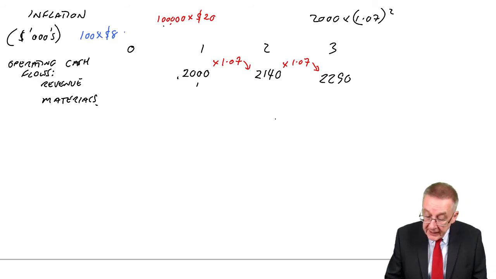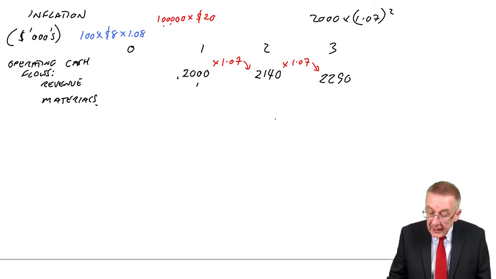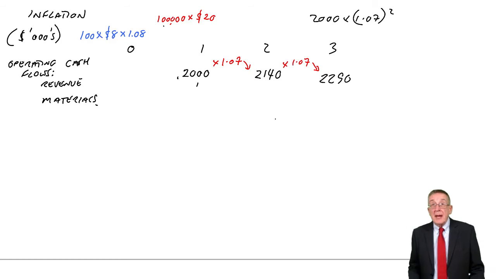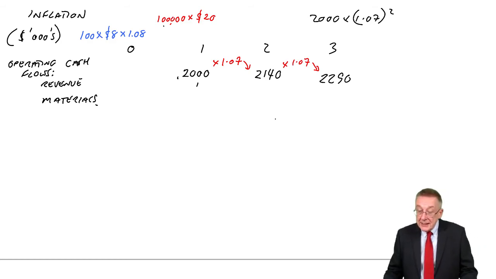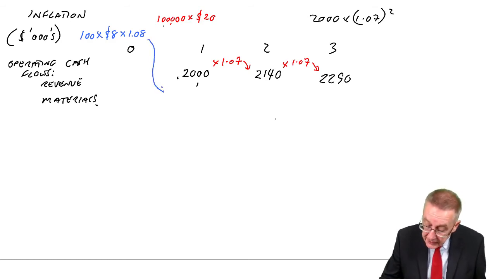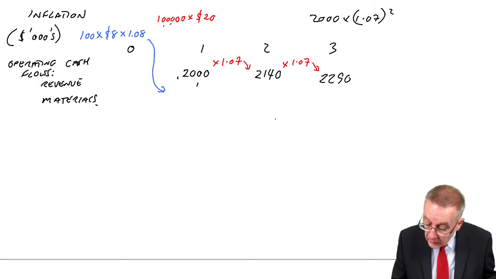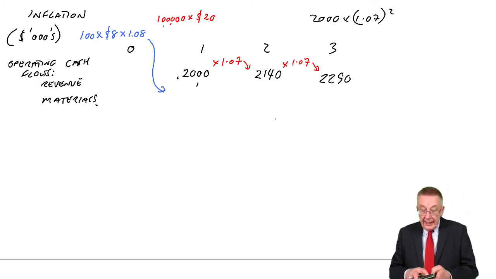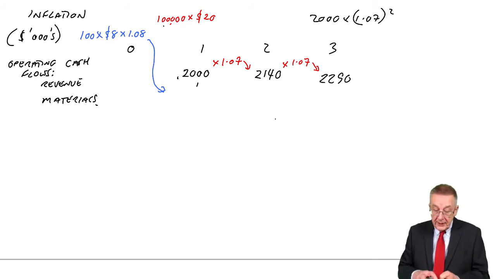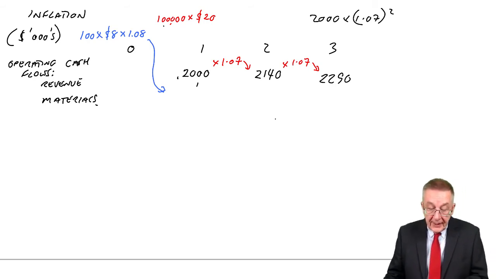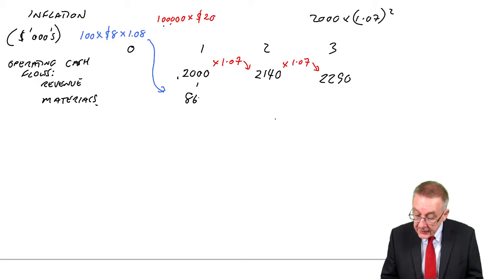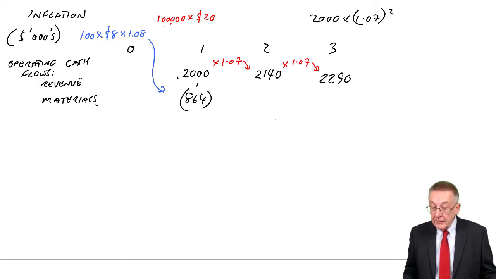Materials are expected to inflate at 8%. And so we'll multiply by 1.08 to inflate to get the actual cash flow, which gives me a cash flow 800 times 1.08 at time 1 of 864. It's an outflow.